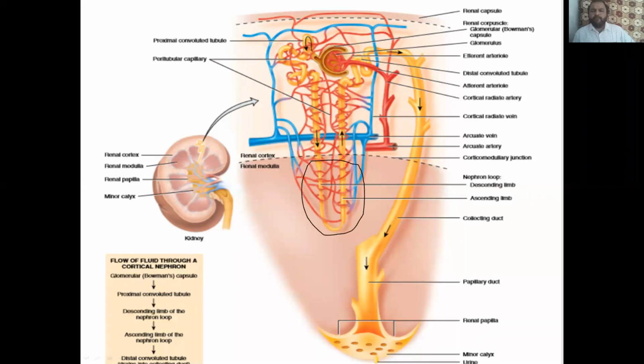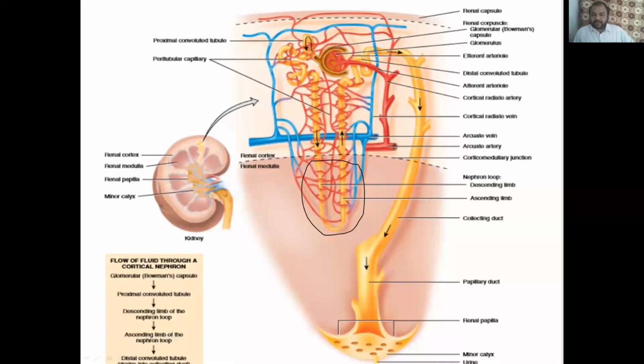Another terminology for the cortical nephron is short nephron, and the juxtamedullary nephron is a long nephron. One thing is very common between the two: Bowman capsule, PCT, proximal convoluted tubule, DCT, distal convoluted tubule, all these structures, whether it is a cortical nephron or juxtamedullary nephron, always remain in the cortex part.